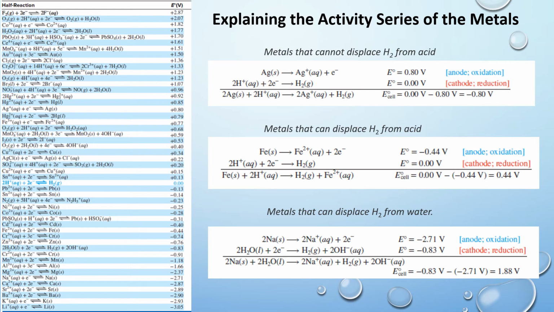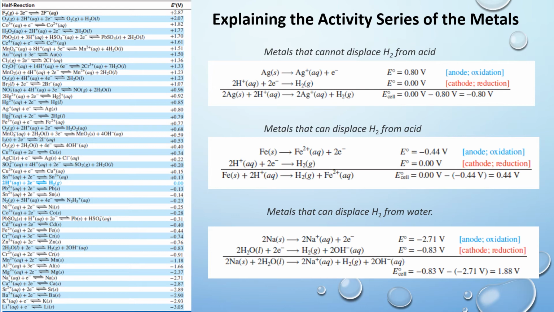You were given this activity series of metals. The way you determine whether the replacement can happen is based on how active the metal is, so the more active metal can replace the less active metal in a metal salt solution.